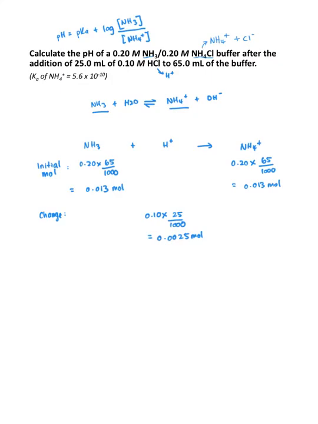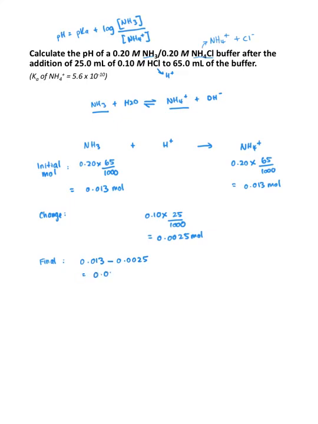By looking at the mole ratio, we can calculate the new amounts of NH3 and NH4+. NH3 reacts with H+ in a 1:1 mole ratio. So you can calculate the amount of NH3 by taking the initial number of moles and subtracting the number of moles that react with H+. Amount of moles that react is 0.0025 because it reacts with H+ in a 1:1 mole ratio.